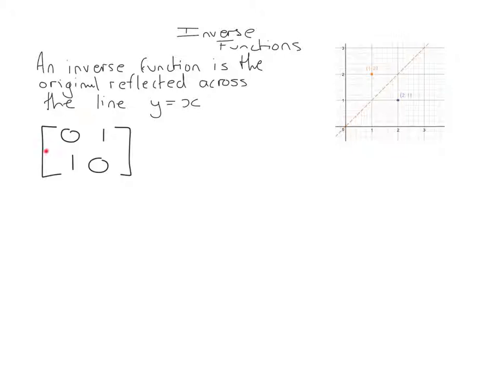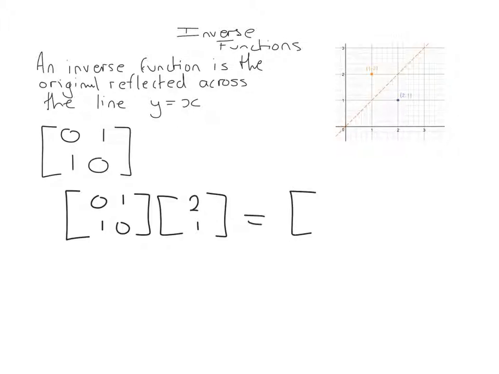Using the transformation matrix, I'll show you how that would have worked. So what I'll do is I'll write up the calculation as we would have done it using the original point, which was 2, 1. Now we know that it multiplies rows by columns, so this one would be 0 times 2 plus 1 times 1, which would mean that 0 times 2 is 0 and 1 times 1 is 1.